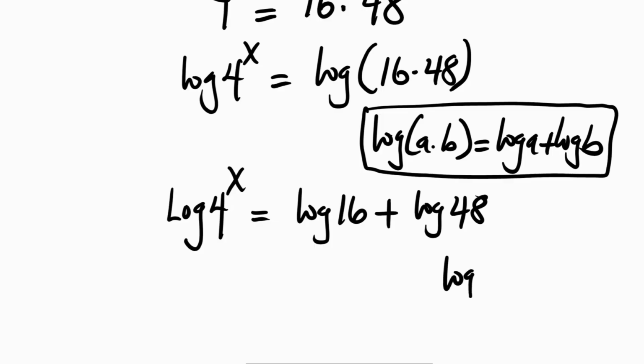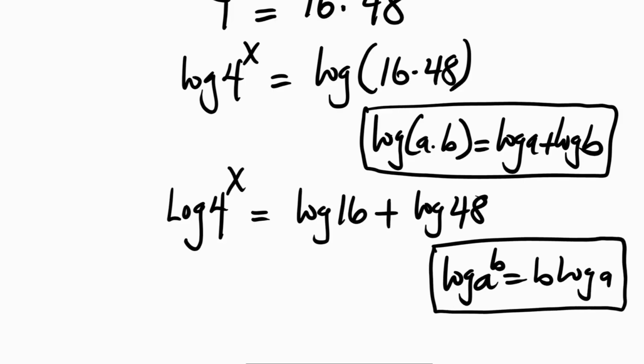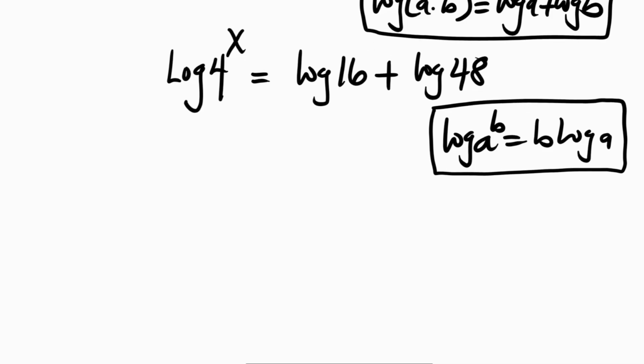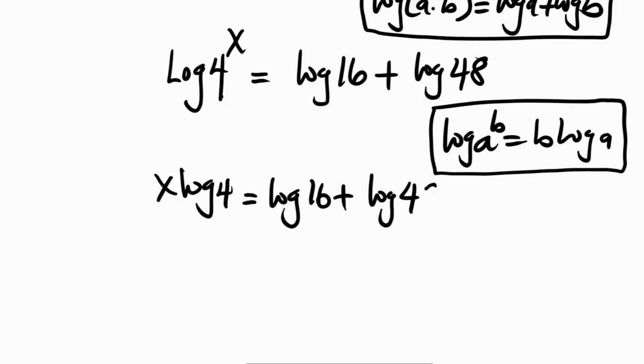And also that log of a raised to power b is equal to b log a. This we're going to apply to the left-hand side of our equation. So left-hand side now becomes x log 4 equals log 16 plus log 48.